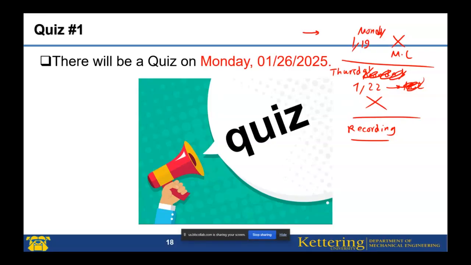You can access the solution, then practice for the quiz. The quiz will be one question. You can bring your own calculator. You can use your notes, no computer, no internet, but you can use your notes or my notes. I will upload my notes also. Got it?